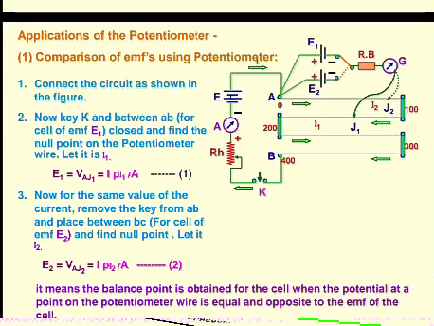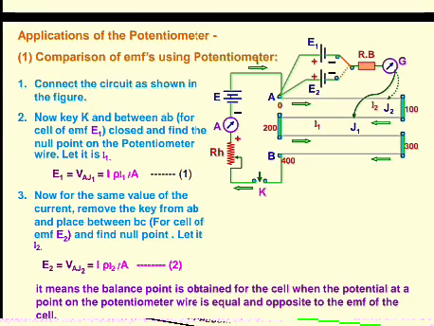To compare the EMFs of the given primary cells by using potentiometer, first of all we connect the circuit as shown in the figure. Now close key K and place the key in between A and B of the two-way key and find the null point on the potentiometer wire.